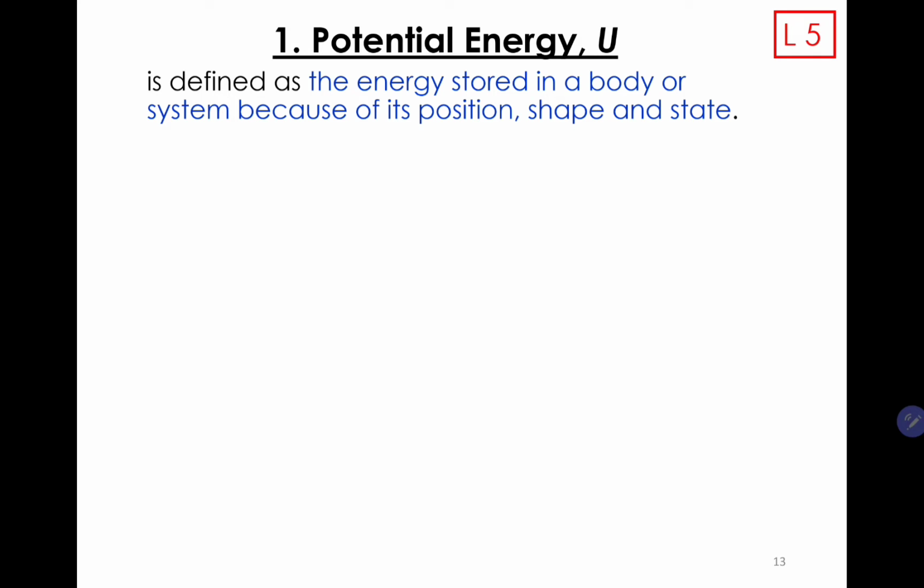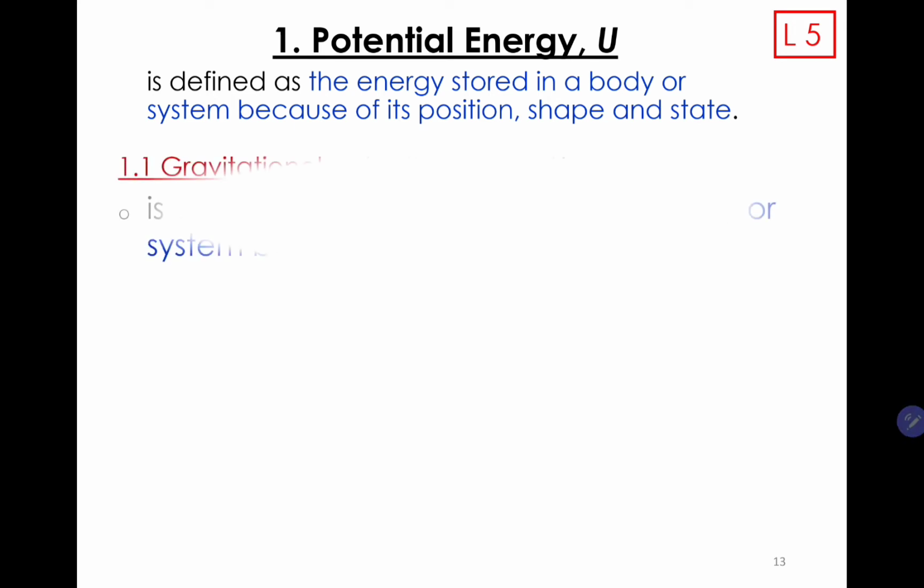Why? Because there are three different types of potential energy: gravitational potential energy, elastic potential energy, and electrical potential energy. For this chapter, we are focusing on two types only: gravitational potential energy and elastic potential energy.